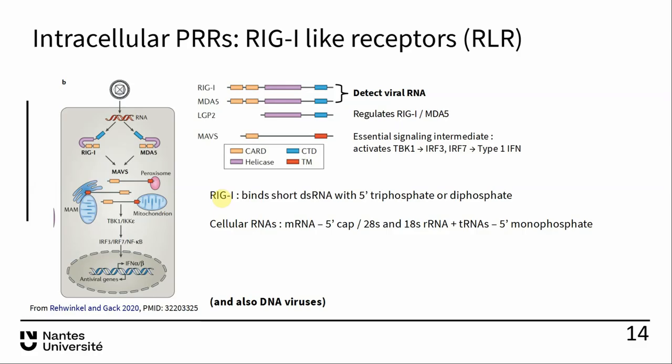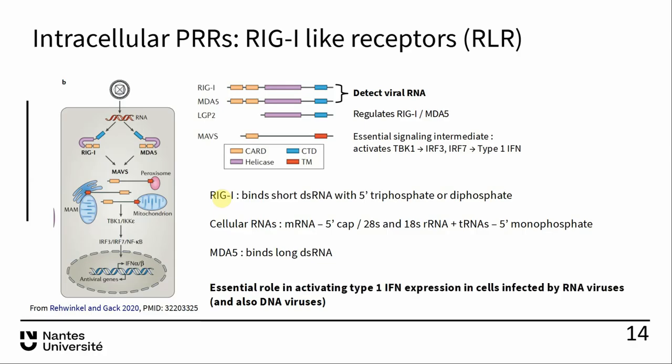The other thing that tRNAs have, anybody know this? Something biochemically unusual about tRNAs? They've got a lot of modified nucleotides. So you often have pseudo-uridine and not uridine. And these modified nucleotides will also not activate RIG-I or MDA5. So MDA5 binds long double-stranded RNAs.